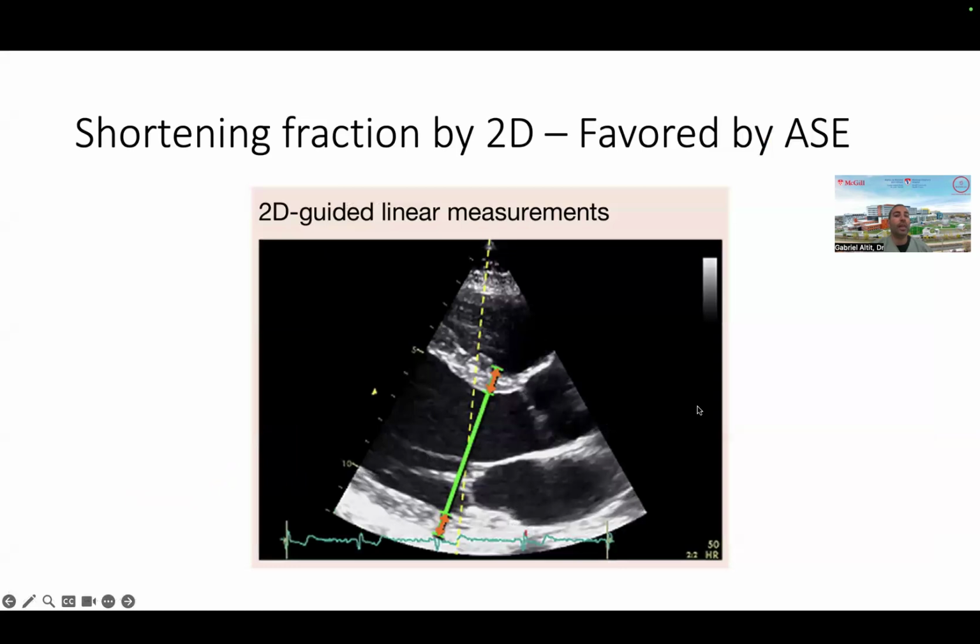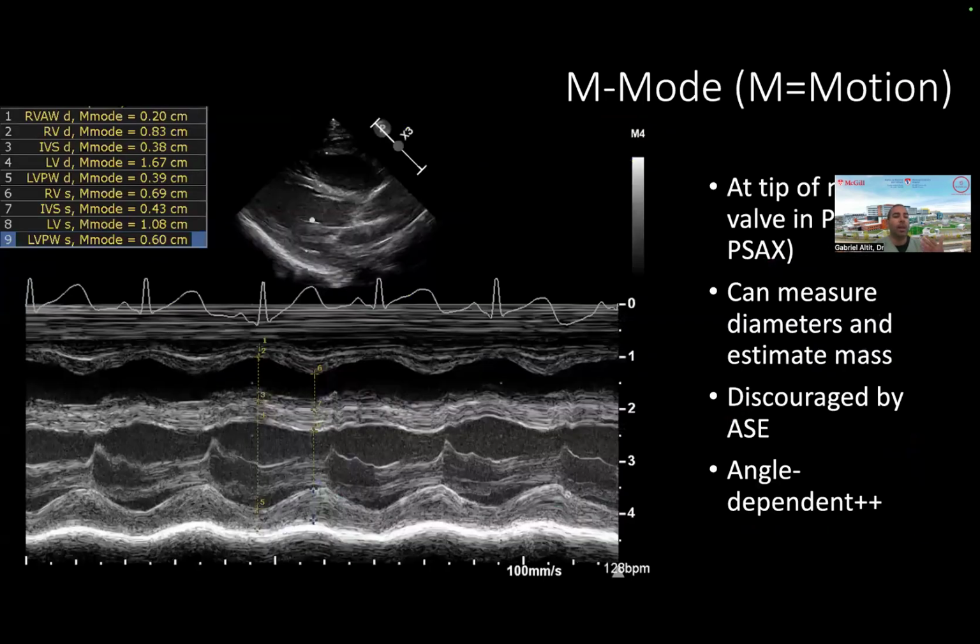You can also do what the ASC is recommending, which is to measure it in 2D and not in M mode. Just so you know why people had this obsession about M mode, especially in pediatrics: M mode allows you to obtain a very high frame rate. Frame rate is basically how many images you get in a second. If you go see a movie at 2000 frame rate versus 2 frame rate, it's going to look much more choppy at 2 frame rate.